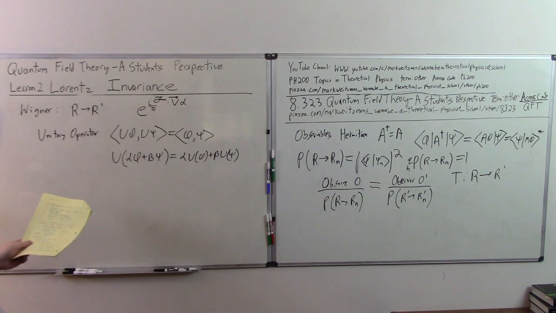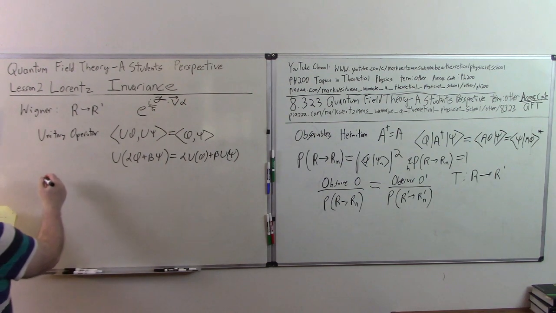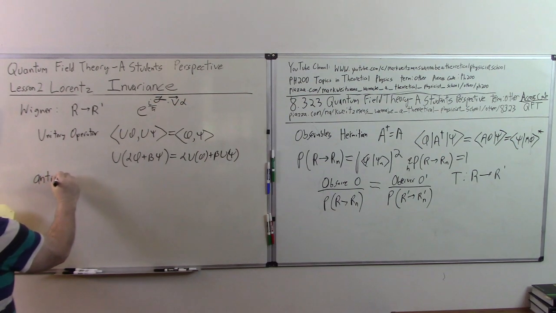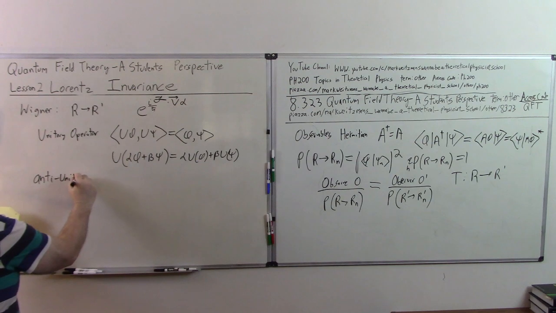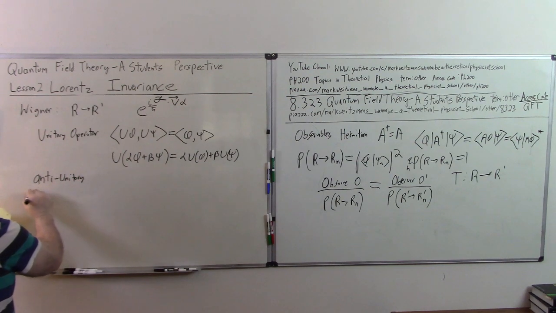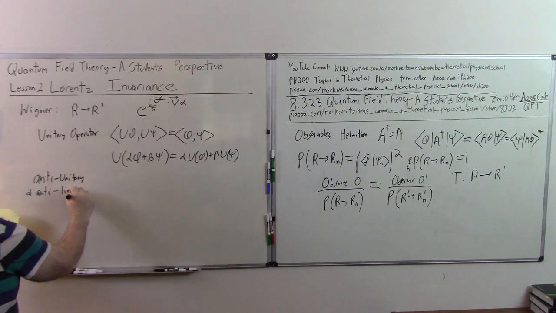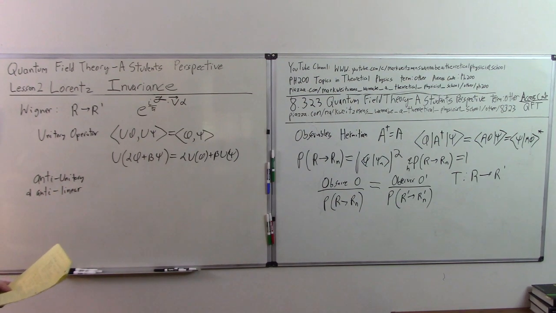Okay, but this is not the whole story. There are also anti-unitary and antilinear operators, and Weinberg discusses this pretty well in this chapter.